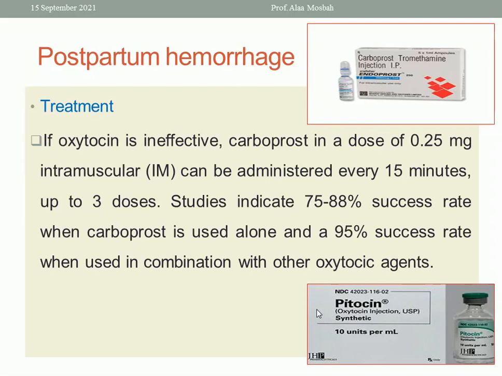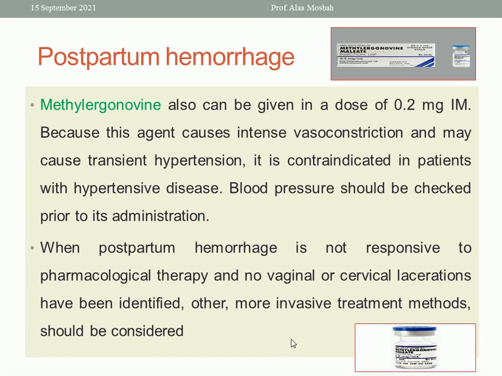We can add carboprost 0.25 milligram intramuscular if oxytocin wasn't sufficient, and you can repeat the dose. Also, you can give methylergonovine, which is Methergine, in a dose of 0.2 milligram intramuscular.